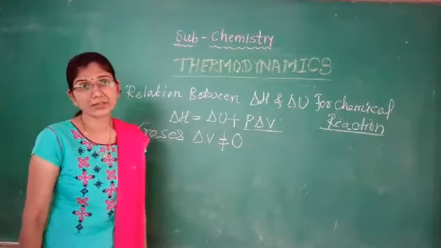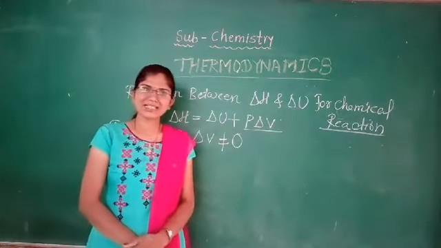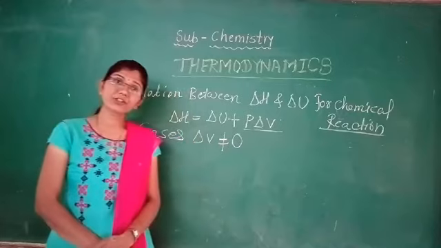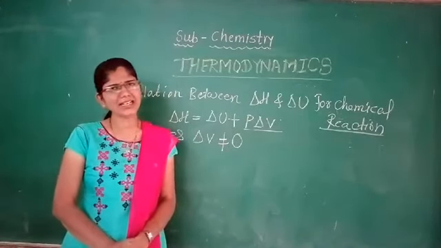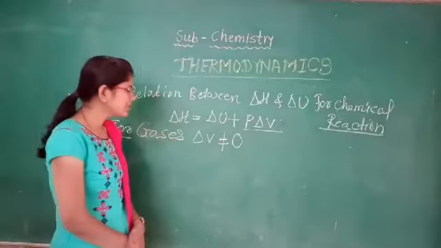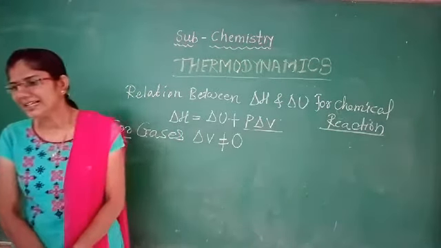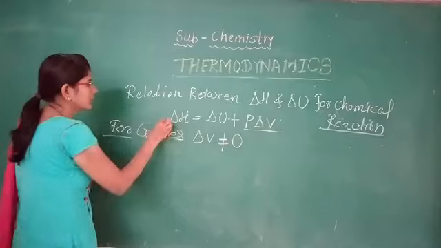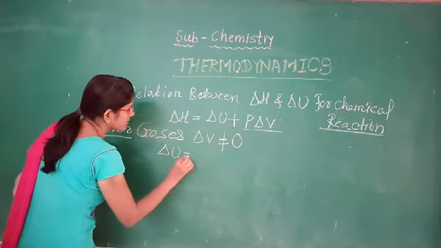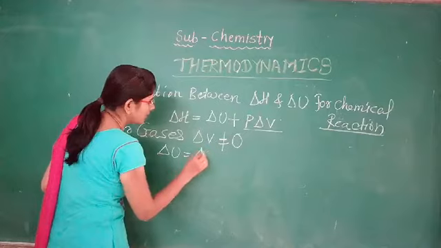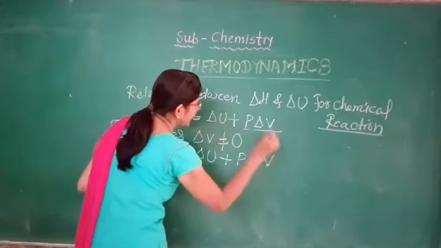The gas molecules are far away from each other. They are continuously in random motion, and therefore there is a considerable change in the volume for gases, and therefore for gas molecules the relation between delta H and delta U becomes delta H is equal to delta U plus P delta V.